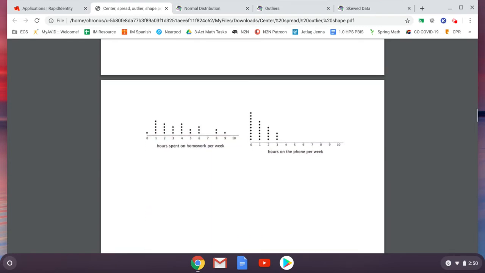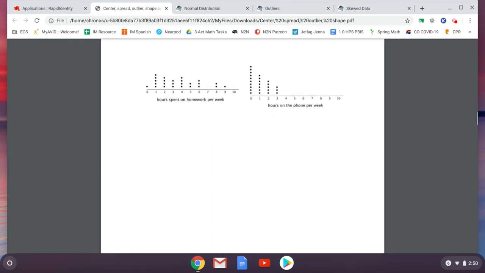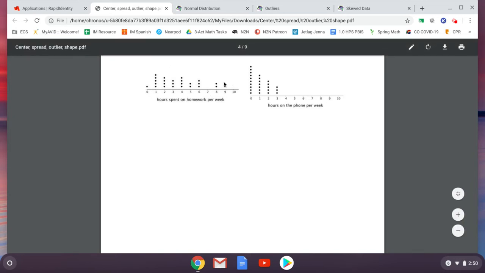Okay, I'm going to pull those 2 dot plots back up, and we're going to take a look here at the homework per week and the hours on the phone per week. And we're now going to talk about another term, which is called spread. So when we look at the dots on this dot plot right here, we can see that the values are pretty spread out.